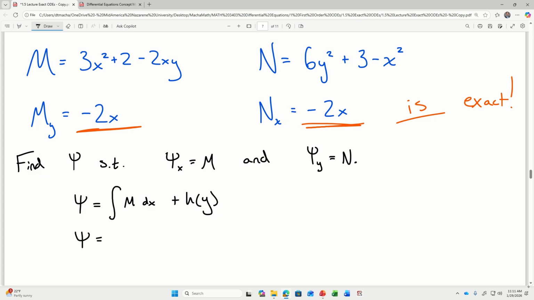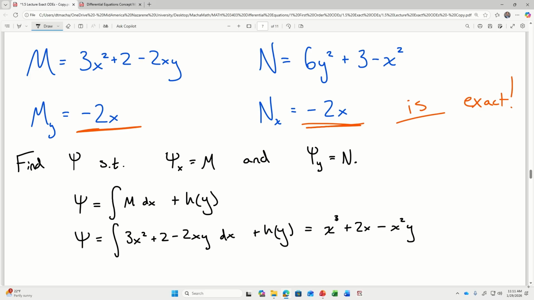Since M is 3x squared plus 2 minus 2xy, that antiderivative with respect to x is going to be this.